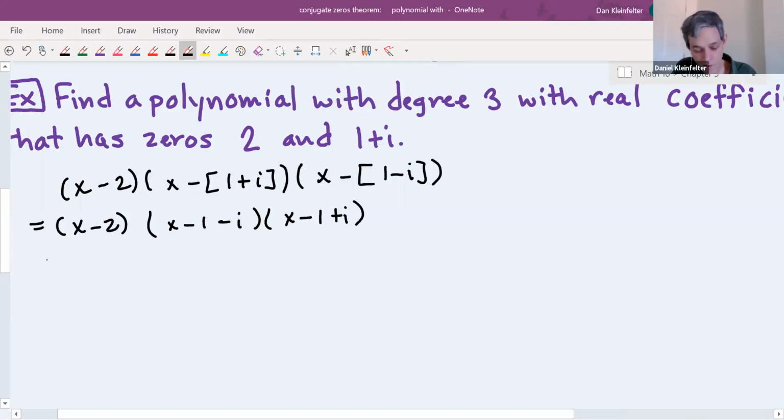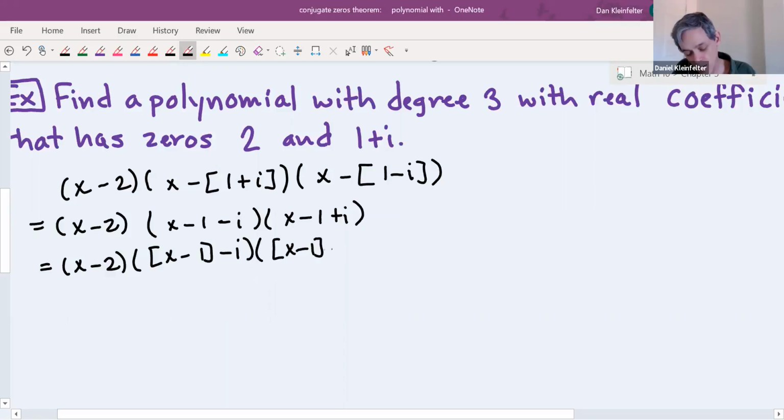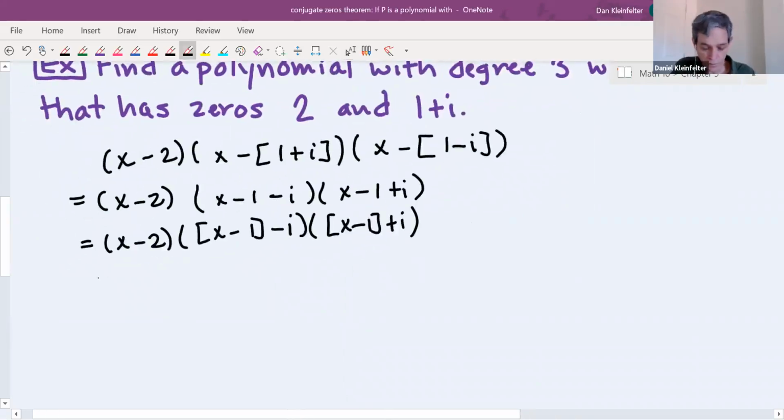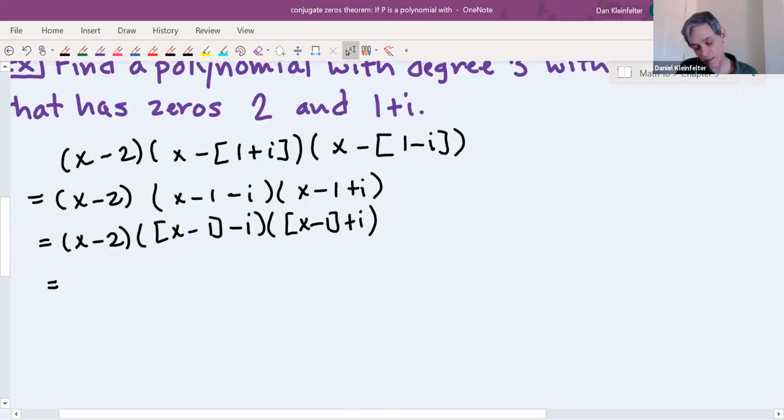Now we're going to use the associative property and write that as x minus 2, and then in square brackets, x minus 1 minus i and x minus 1 plus i. Okay, the reason that I wanted to do that is so that I can use the difference of squares formula to help us multiply this.